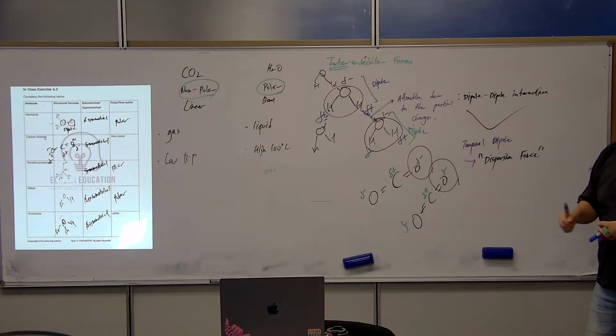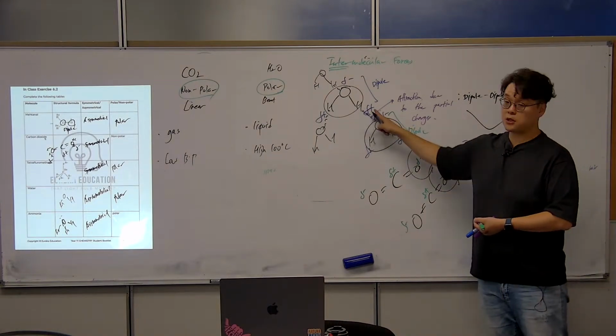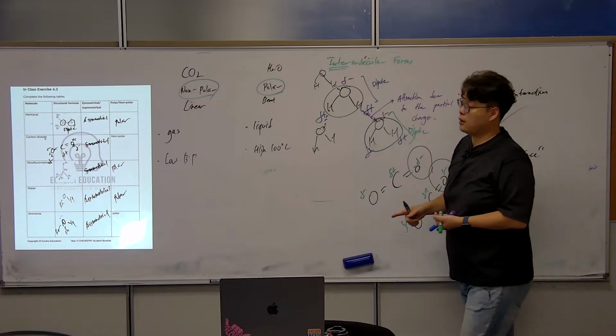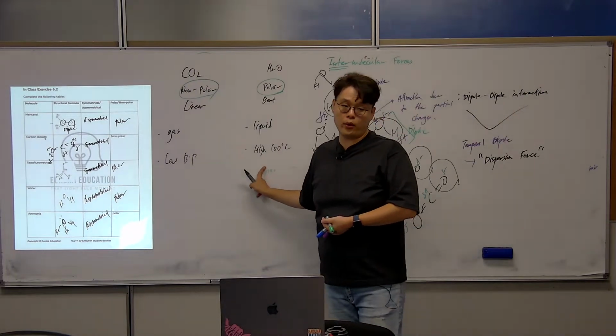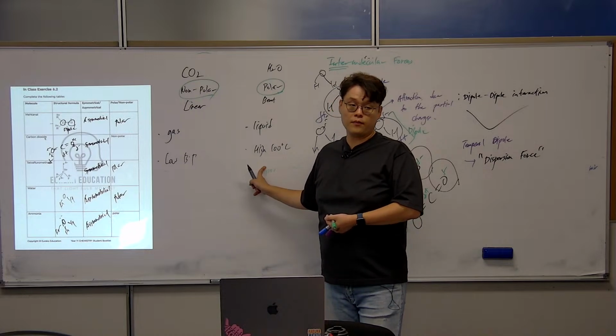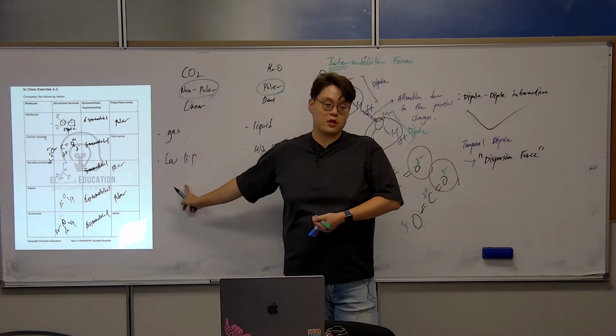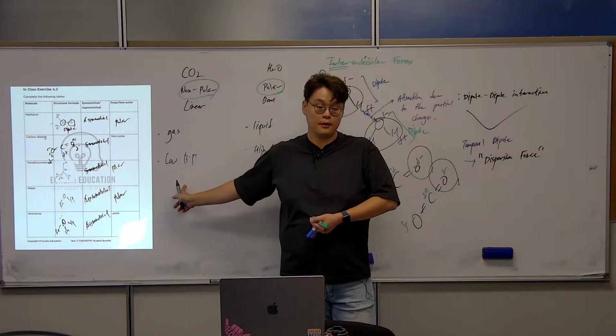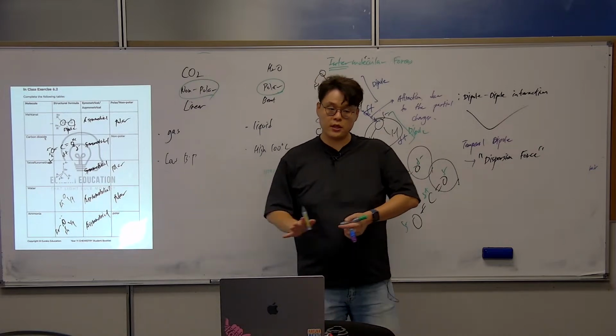This means to break the interaction between two, to separate them, I need to work harder. This is why it shows up in a high boiling point. I don't need to do anything with CO2. It's already separated in the gaseous state. Does it make sense? Can you picture that?